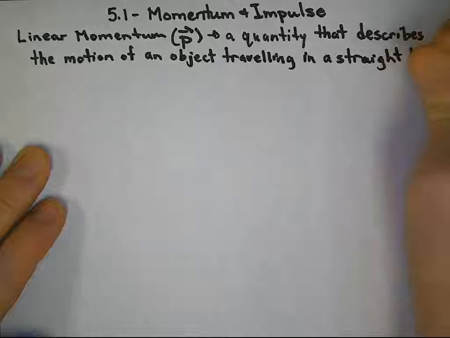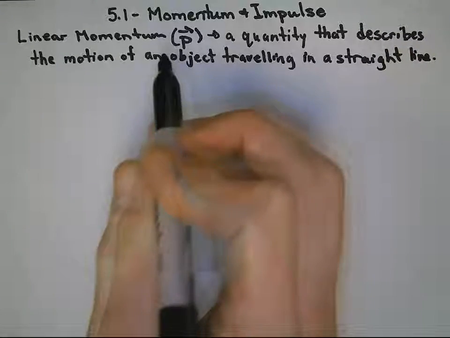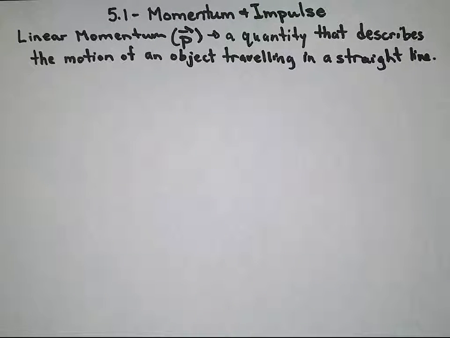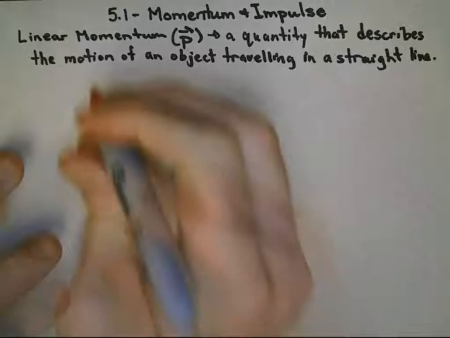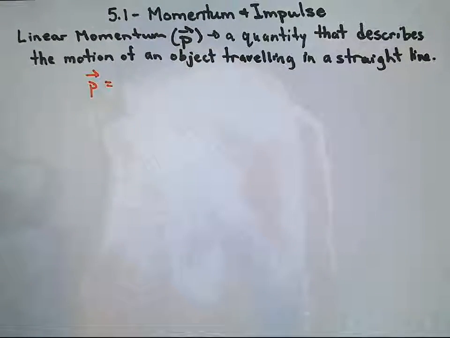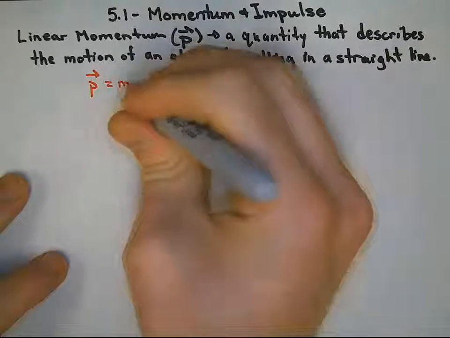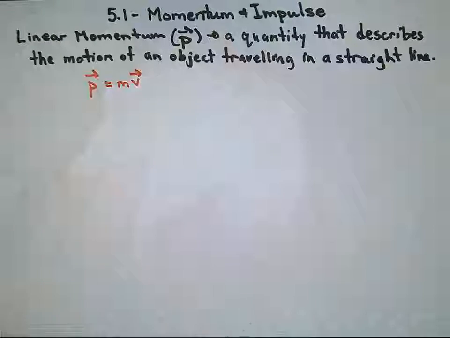And you can tell right now that we do refer to momentum as a vector quantity. Momentum is merely defined as the product of its mass and its velocity.